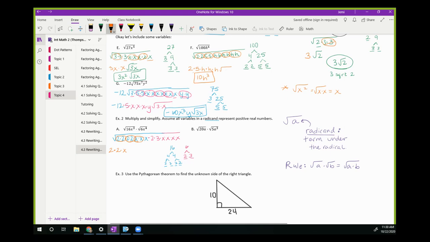Then I have this x, but wait, I have more x's over here. So these two together can give me a perfect square, bring out an x. Let's see, I've got a 2 and a 3. Neither of those have a pair, that's okay. Another pair of x's, right? And a lone x. So I've got a 2 and a 3 and an x on the inside.